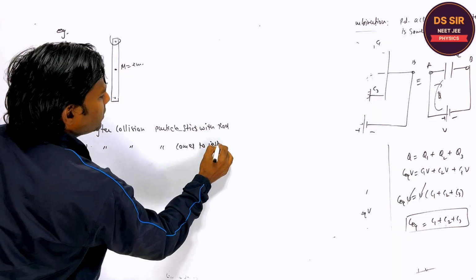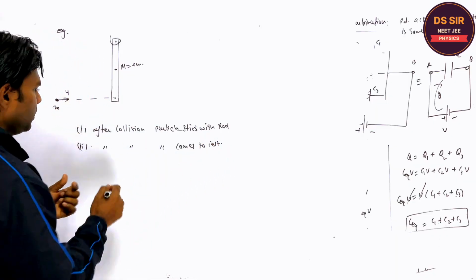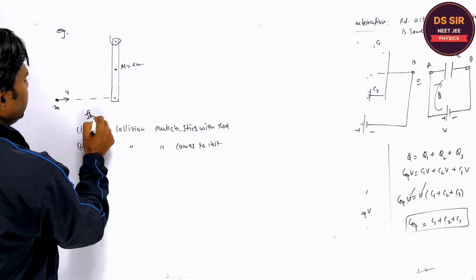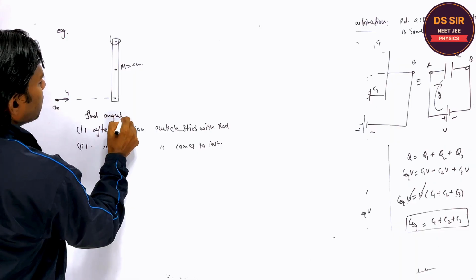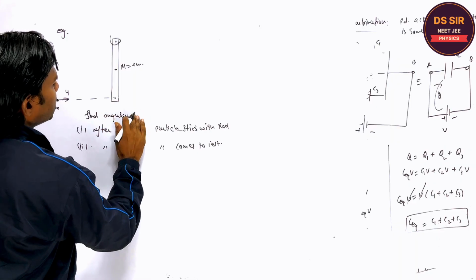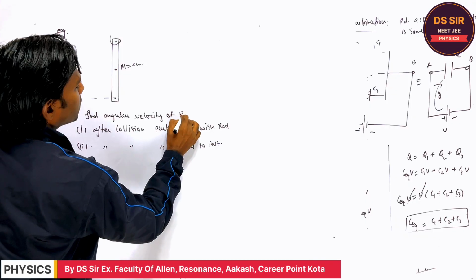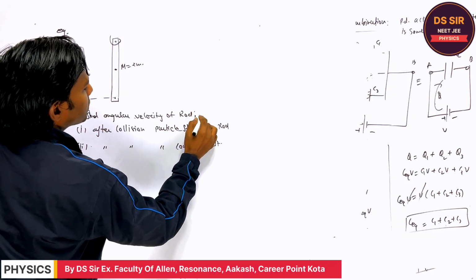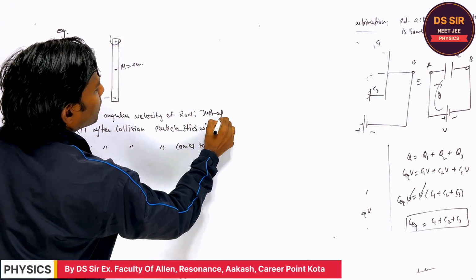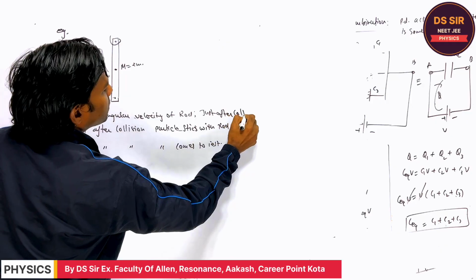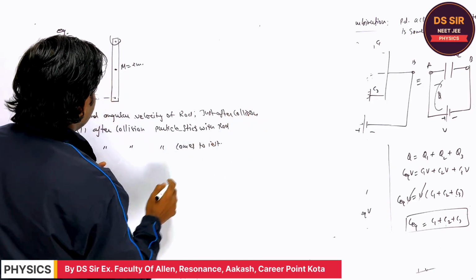I think we have done this question or not. Find the angular velocity of the rod just after collision. This is the question.